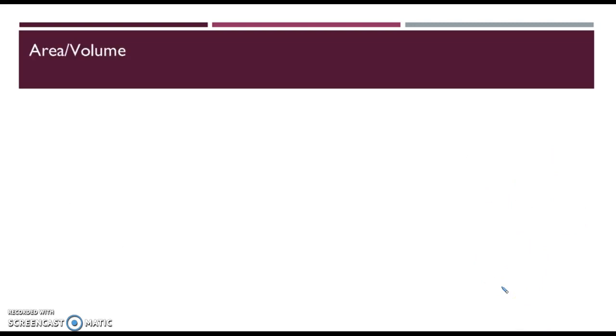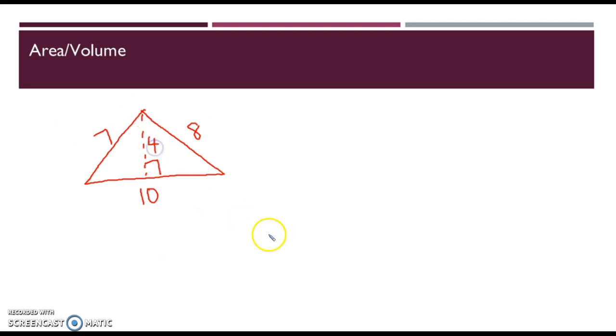We also looked at area and volume of different shapes. We made a foldable, so we have different shapes we looked at. For example, if I wanted to find the area of this triangle, and we'll say that this is 4, which it might not be, but I just made this one up.